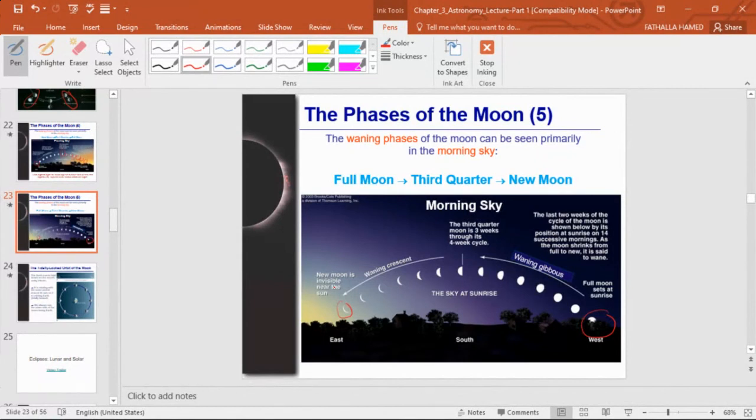Now, at the beginning of the chapter, we talked about the brightest object that you can see in the sky. Actually, the brightest object that you can see in the sky is the sun. But you see that during the day. So we always say the brightest object is the sun, and the second brightest object is the moon.